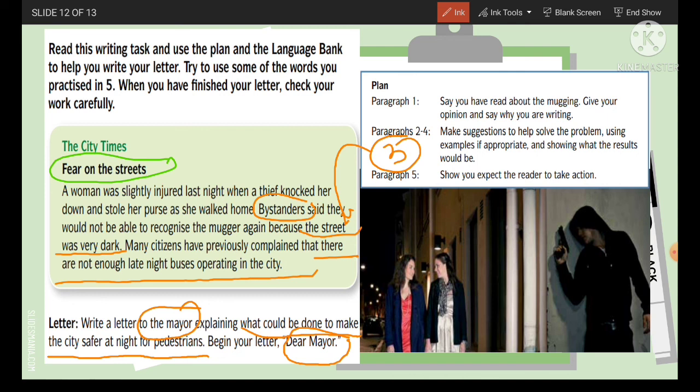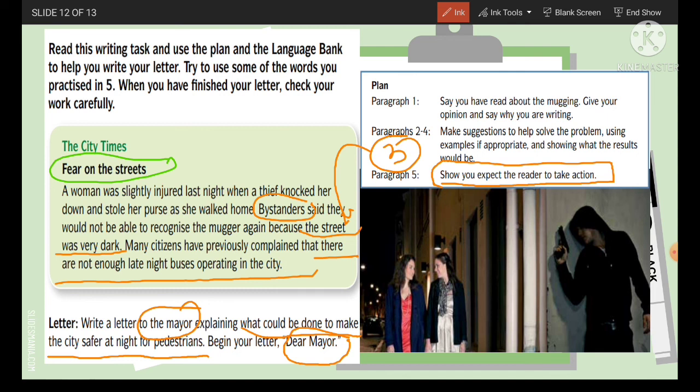Result menunjuk kepada consequences of the suggestion. And paragraph 5, show you expect the reader to take action. Okay, awak kena jelaskan dekat surat tu perenggan terakhir yang awak mengharapkan mayor tu, Datuk Bandar tu mengambil tindakan segera.